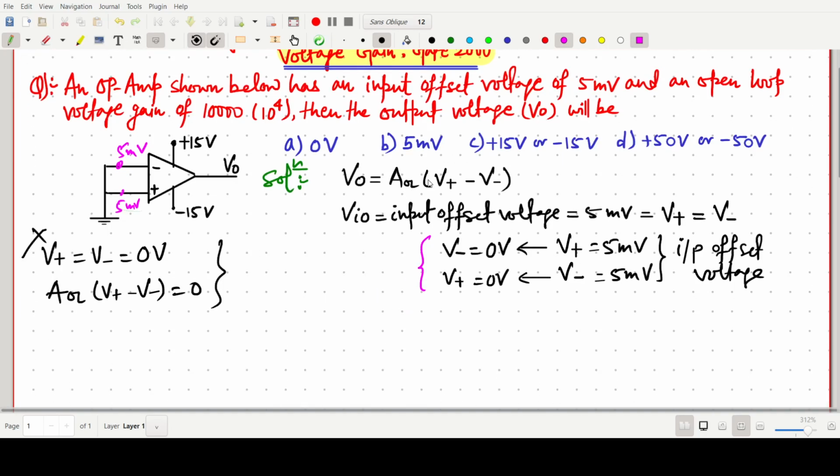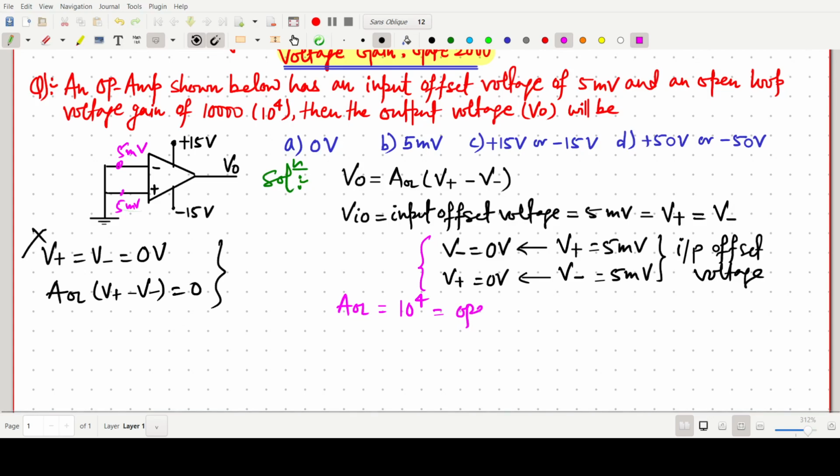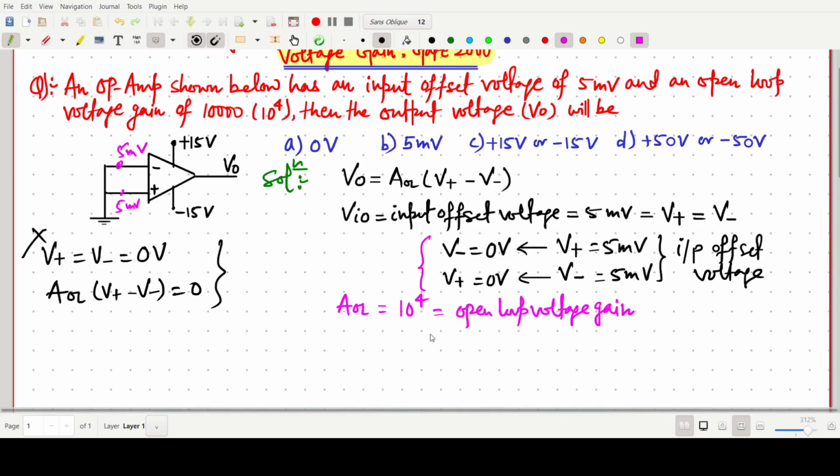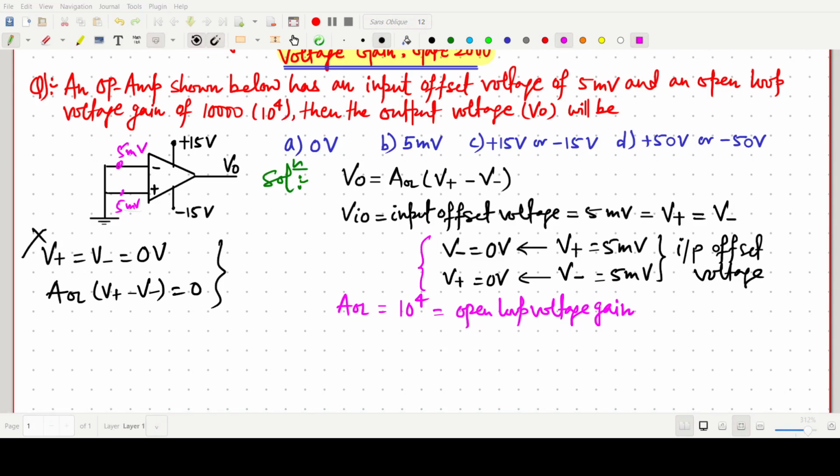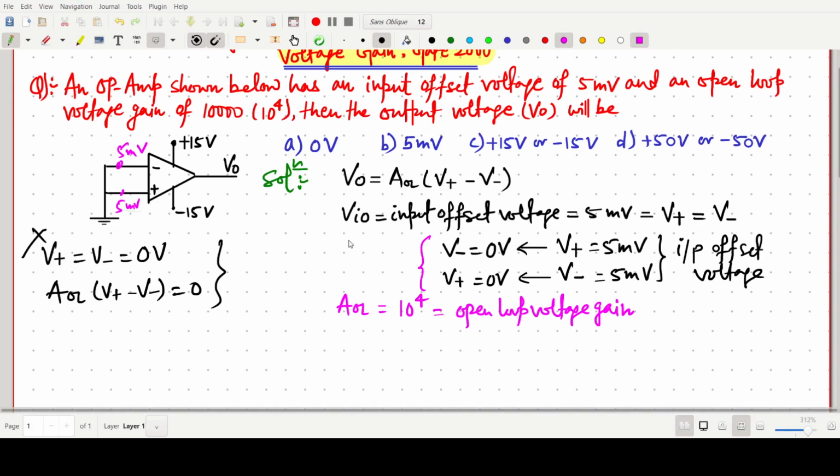Now the other parameter is our AOL. AOL is given as 10 to the power 4. This is our open loop voltage gain. So now we have to find the output voltage.